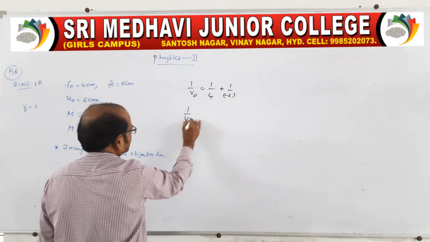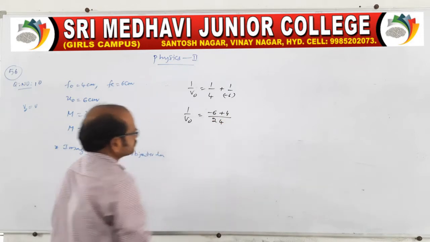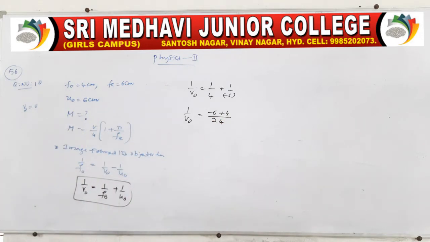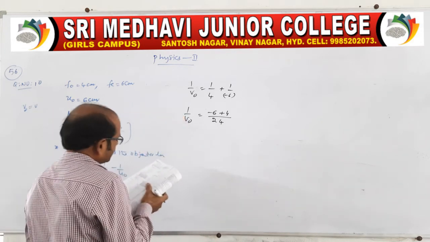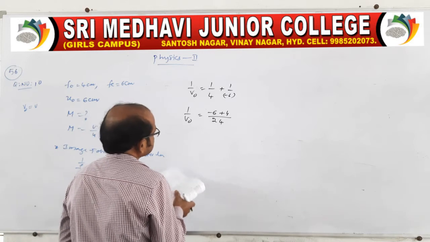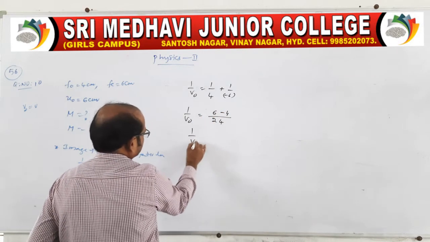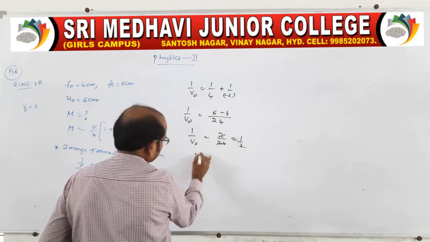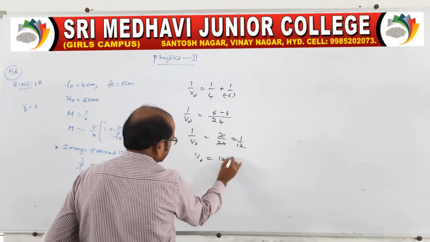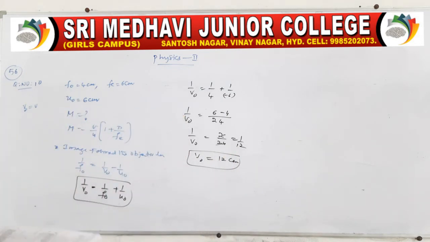So 1 by v naught is equal to minus 6 plus 4 by 24. So 1 by v naught is equal to 2 by 24, so it will be 12. v naught is equal to 12 centimeter. The image distance is 12.